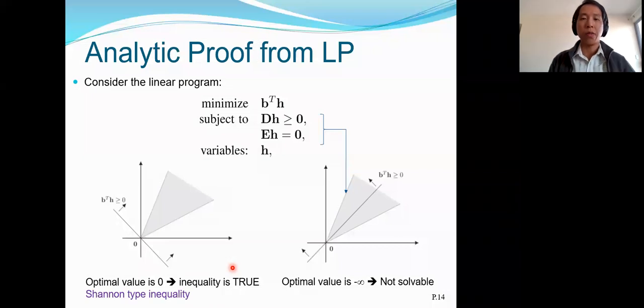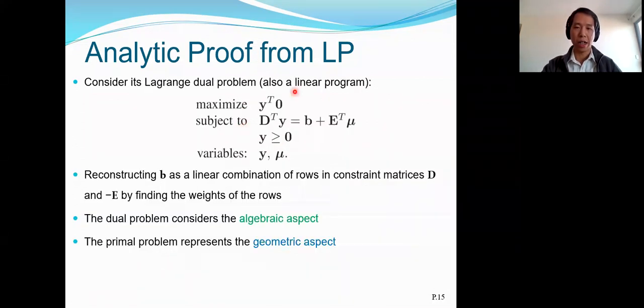And so we will propose our solution here, and we will solve another linear program, which is basically the Lagrange dual of the problem considered in ITIP. It is given in this format.